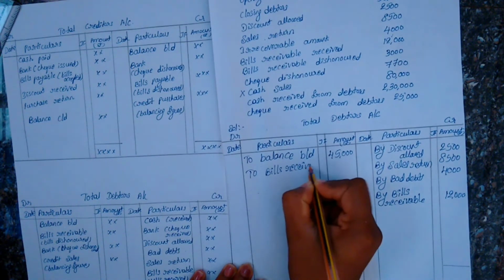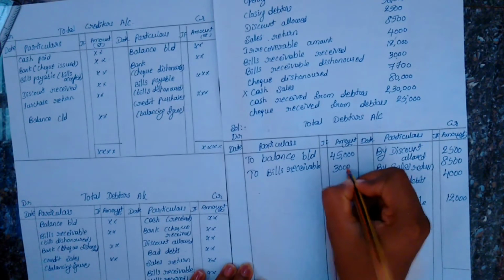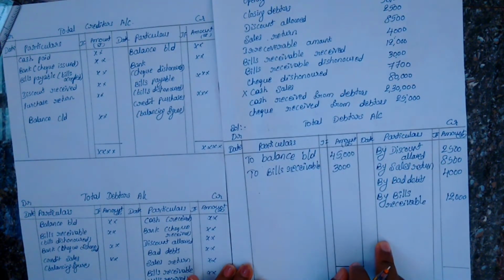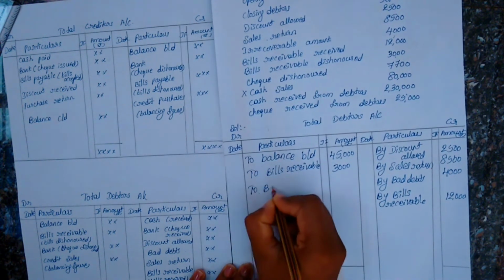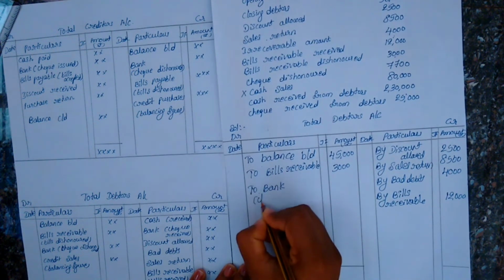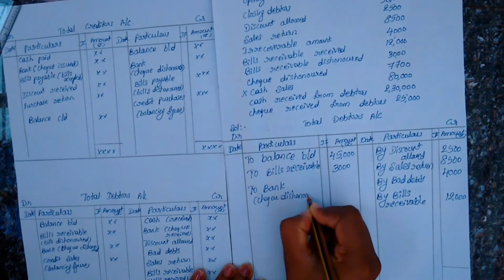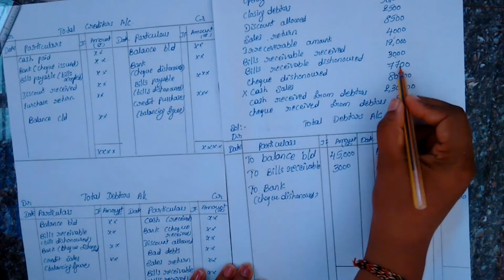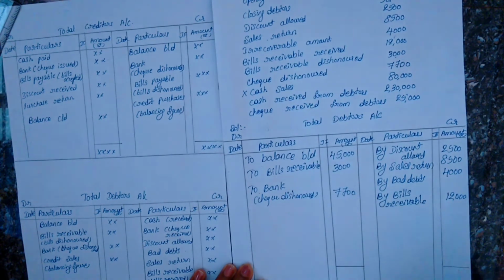Understand? Bills receivable amount is 3,000. It is the bill dishonored. Next one is check dishonored. If the check is dishonored, that is also in the debit side as to bank. To bank, check dishonored, 7,700.